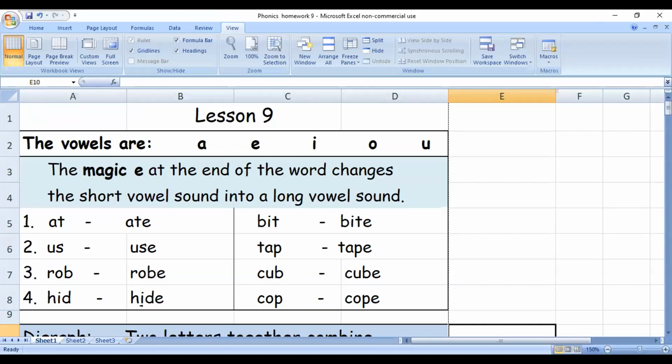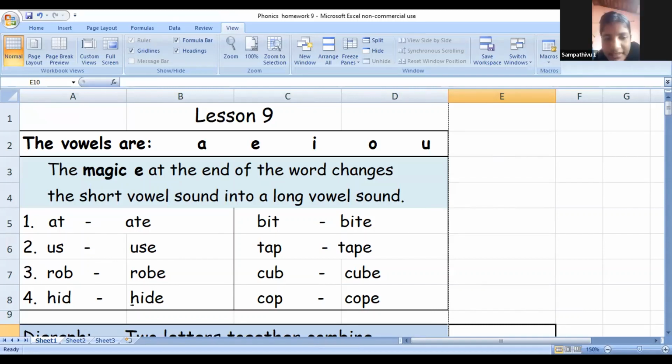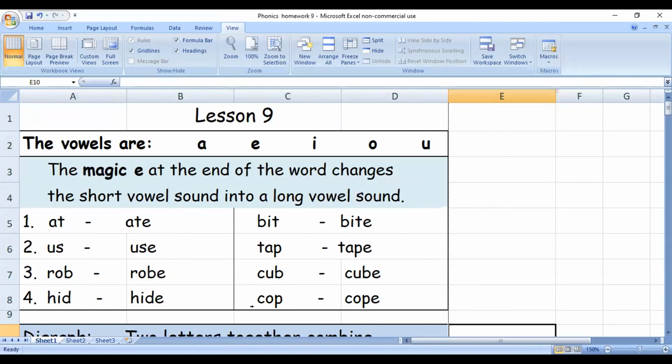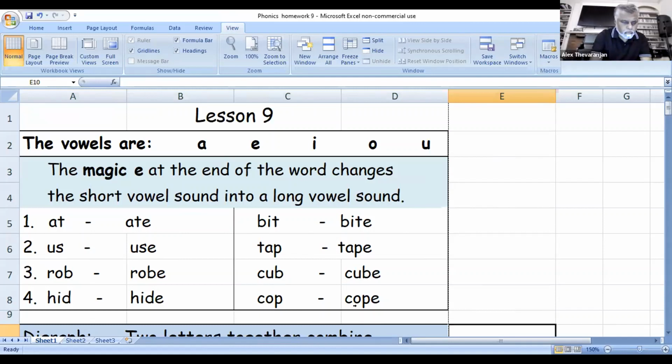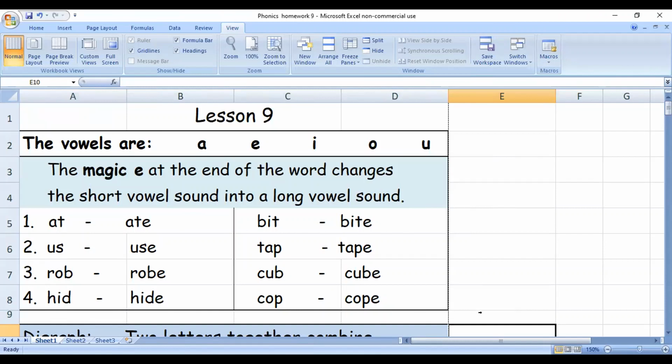What is this word? Hide. Good. The next one? Cup, cope. Cope. Very good. Does anybody else want to read?